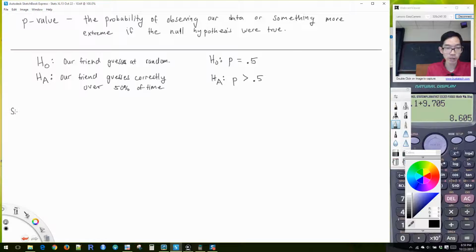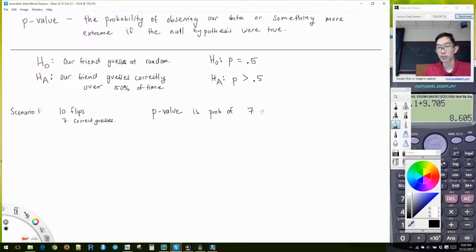Okay, so scenario 1. 10 flips, 7 correct guesses. What is our p-value? Our p-value is the probability of our data, which is 7 correct guesses.